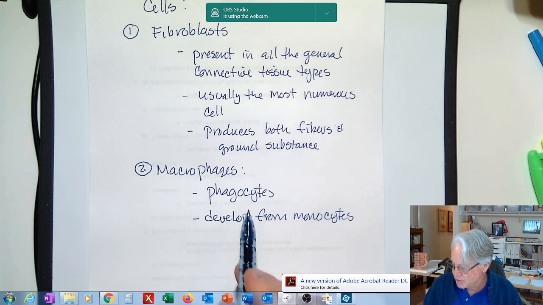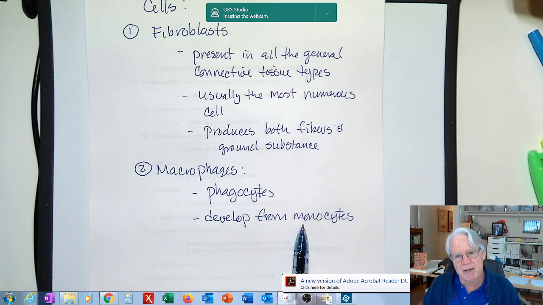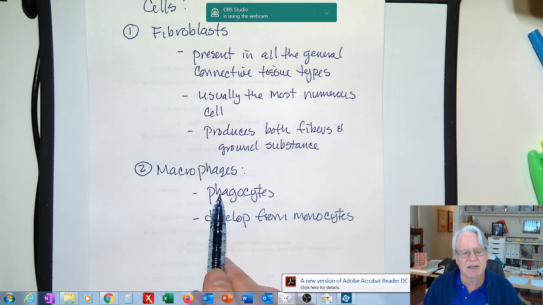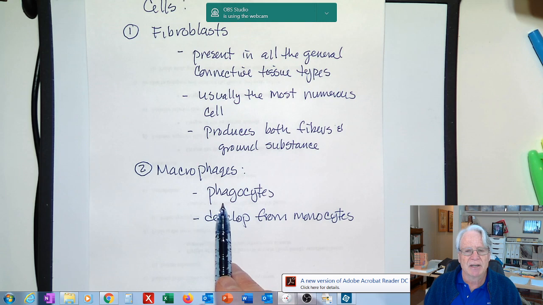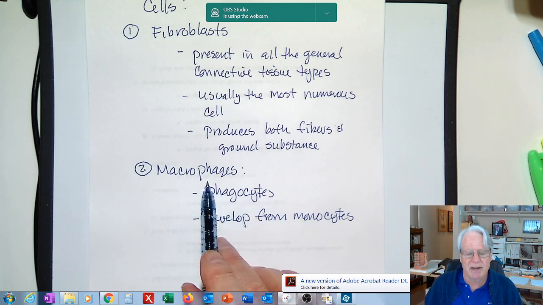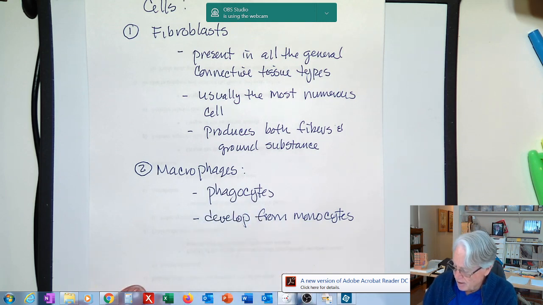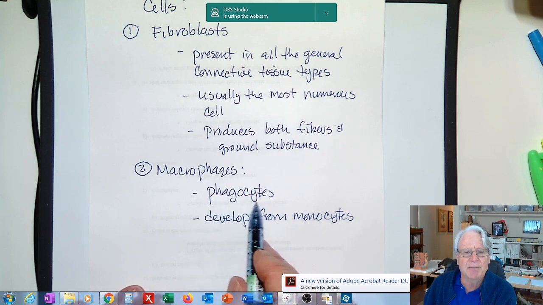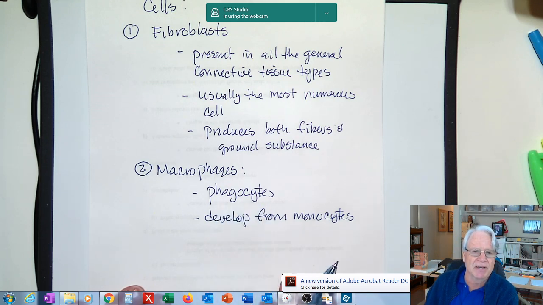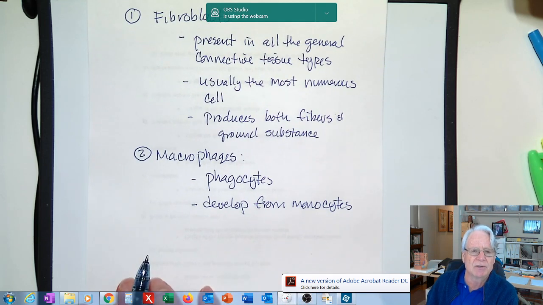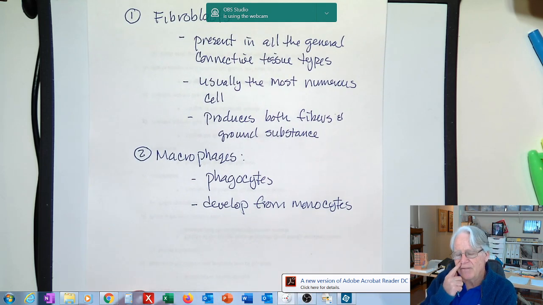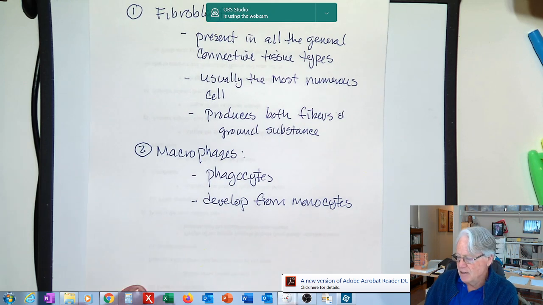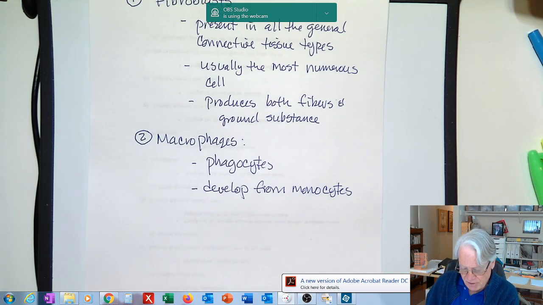But macrophages develop from another type of cell called a monocyte. So this is a developmental pathway from monocyte to macrophage. And because they're a phagocyte, they're enveloping and digesting things like bacteria, dead tissue, what have you. So they're the vacuum cleaner, the digestive system within the connective tissue.